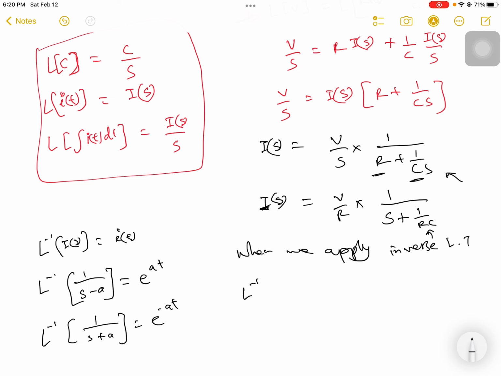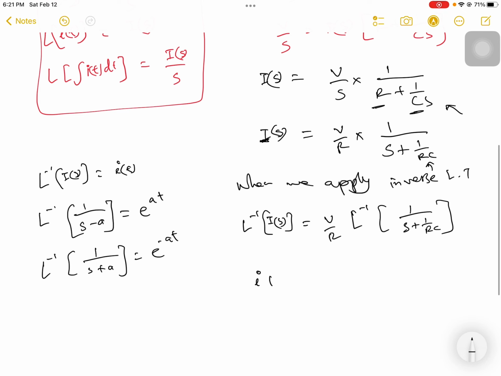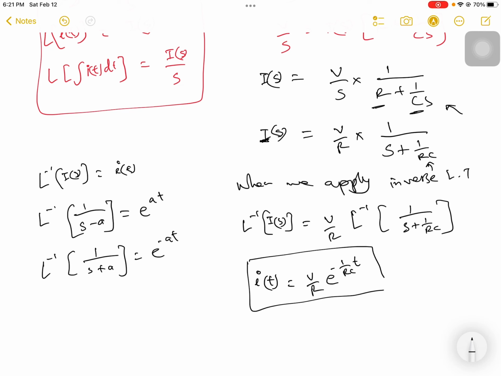Let's apply the inverse Laplace of I(s): V/R times the inverse Laplace of 1/(s plus 1/(RC)). This RC is constant. So for this we have i(t) equal to V/R times e raised to minus t/(RC). So this is the solution for the RC series circuit.